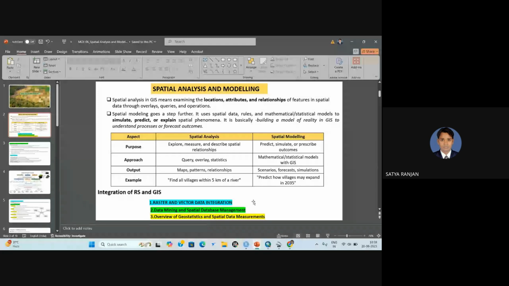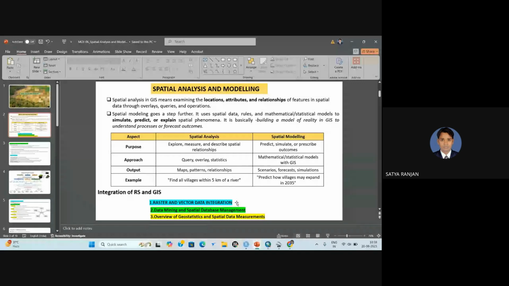Without this integration, a good result cannot be found. In remote sensing, there are raster and vector based integrations. Mostly the remote sensing data are in raster form, and most of the GIS data are in vector form. We can convert vector data into raster form and raster data into vector form, and the integration is also used for this.